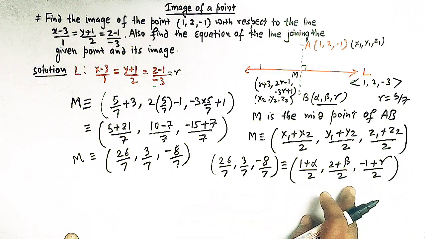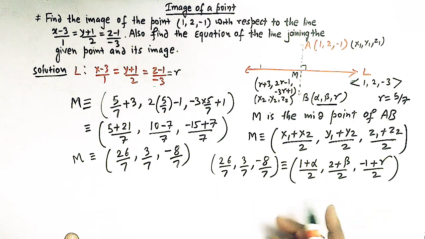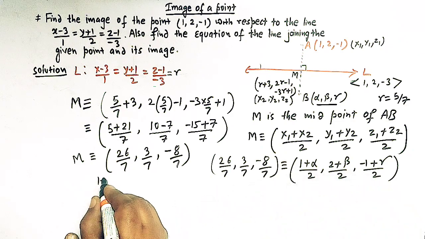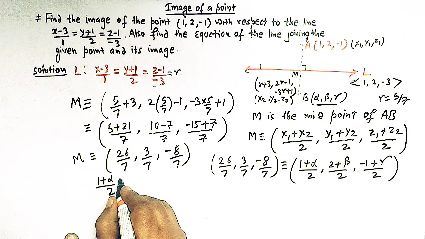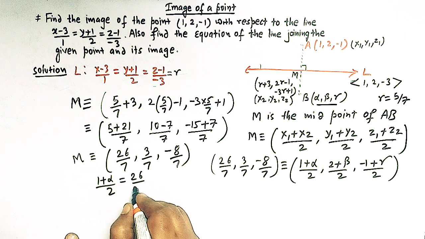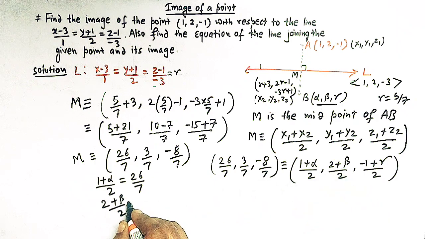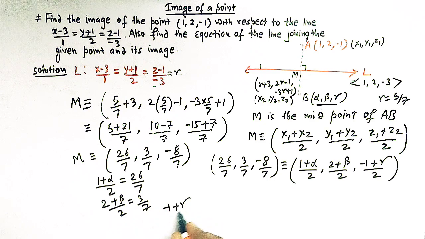So now comparing these two coordinates, we can write three equations. So (1 plus alpha) over 2 is equal to 26 over 7, then (2 plus beta) over 2 is equal to 3 over 7, and then (minus 1 plus gamma) over 2 is equal to minus 8 over 7.